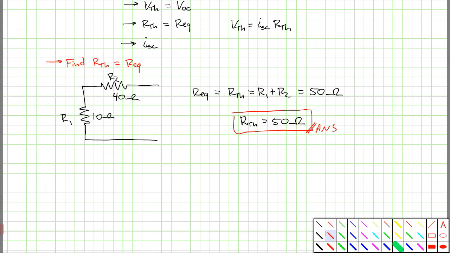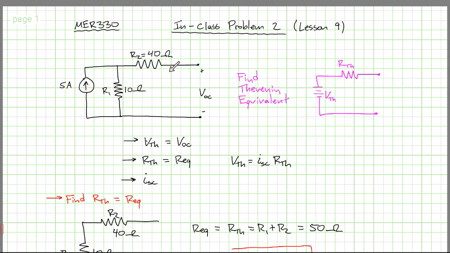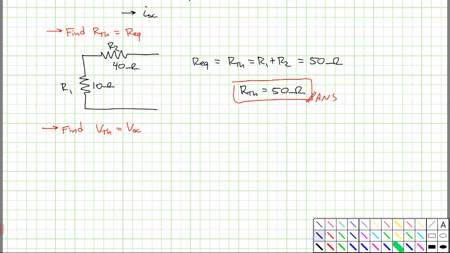So let's find the voltage, which is equal to the open circuit voltage. Like I said, since there's no current going through this, I can just redraw the circuit, not even draw this resistor, because it has nothing going through it, and just find the voltage across these 2 terminals, right? So in this particular circuit, VOC ends up being the same voltage across R1, because no current flows through R2.